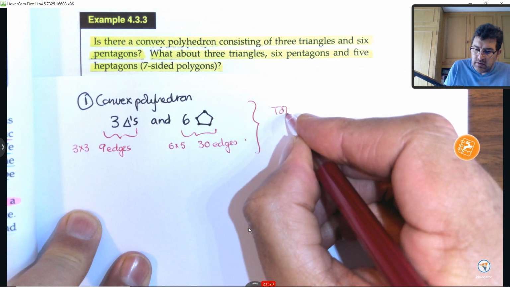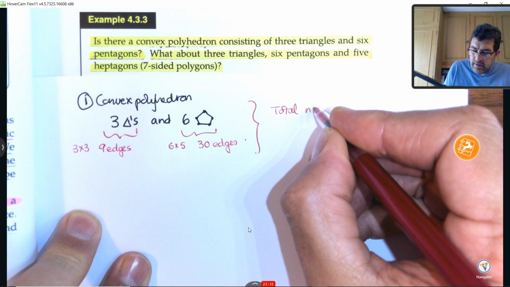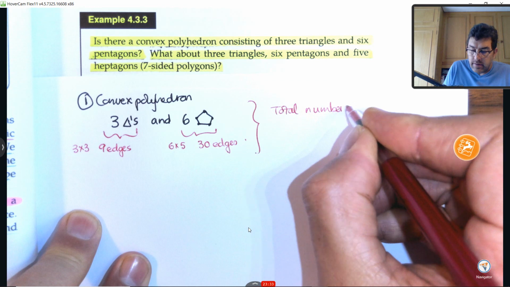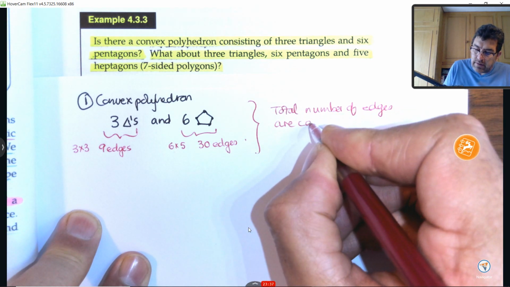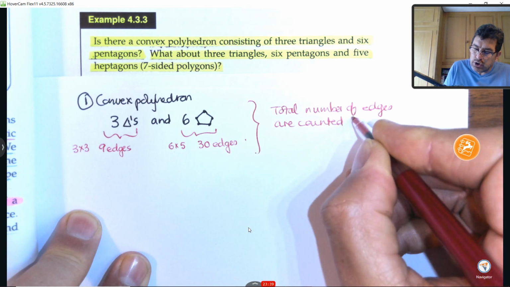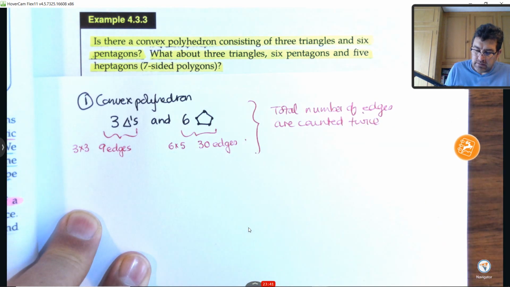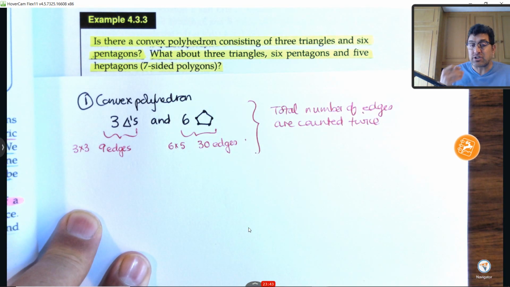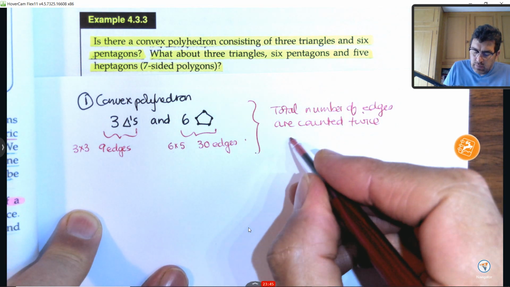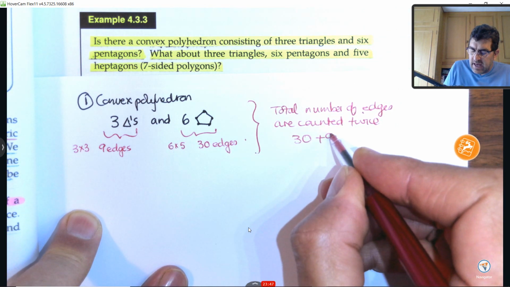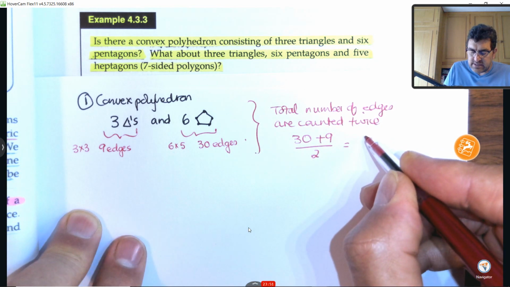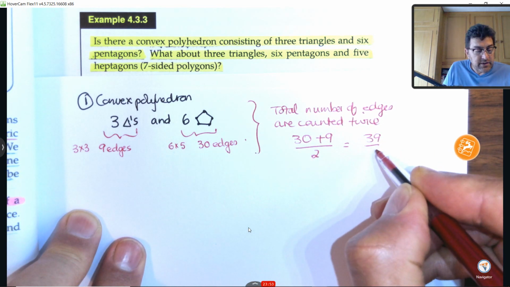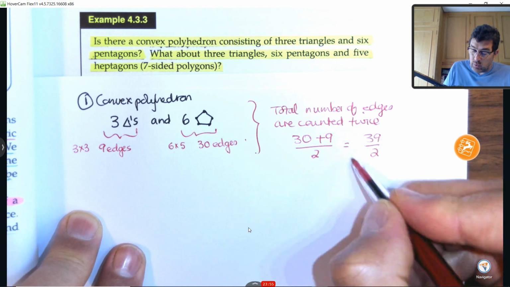The total number of edges are counted twice. So to find the actual number of edges, we've got to take the 30, add it to the 9 and halve it. Now that gives us 39 divided by 2. Oopsie.